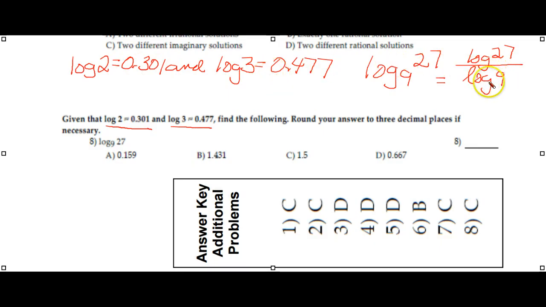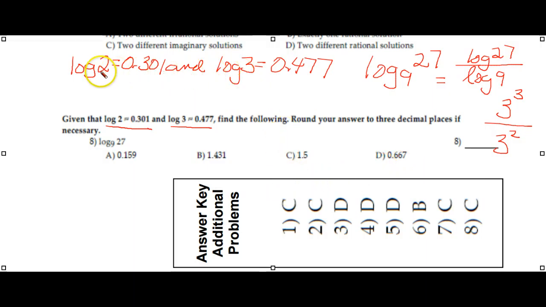So we have to think of what is this. Well, they give you the log of 3 here. And what is 27? Well, remember that's going to be 3 to the 3rd power, and the 9 is 3 to the 2nd power.